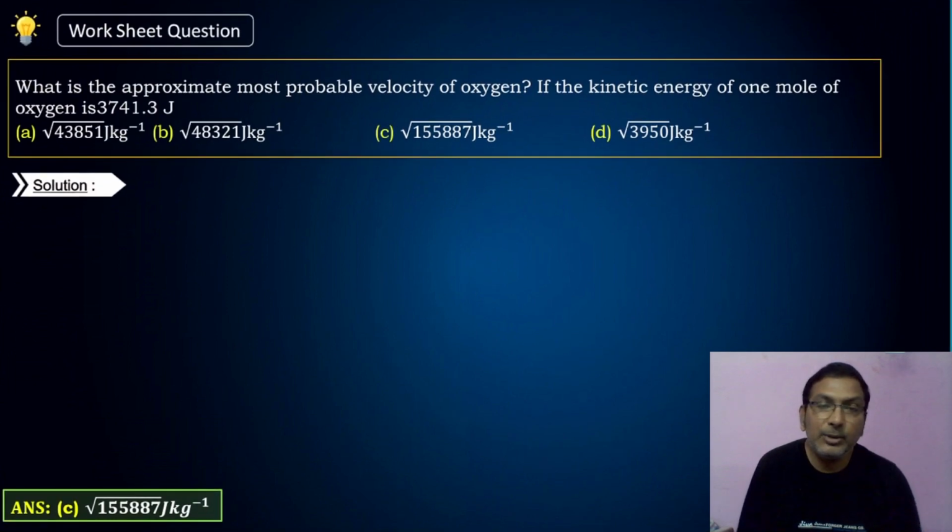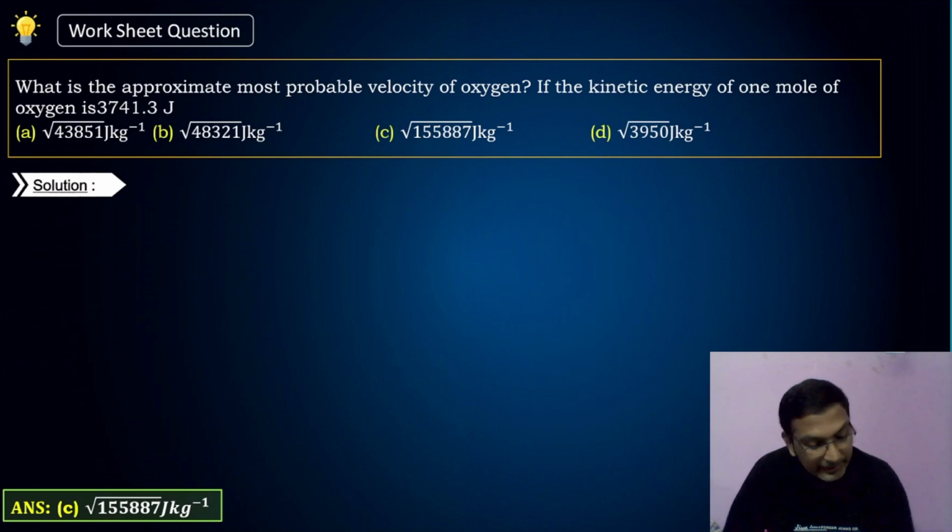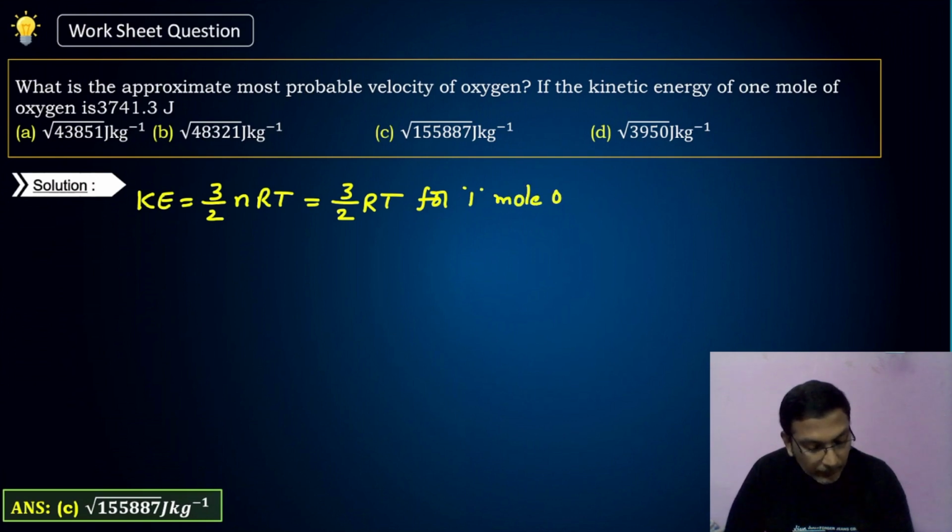Next, what is the approximate most probable velocity of oxygen if the kinetic energy of 1 mole of oxygen is given? Simply, kinetic energy equals 3 by 2 nRT for n moles. That is equal to 3 by 2 RT for 1 mole of O2 gas.